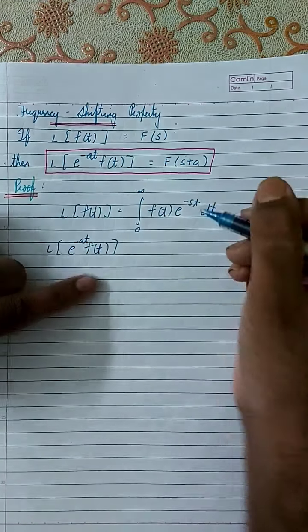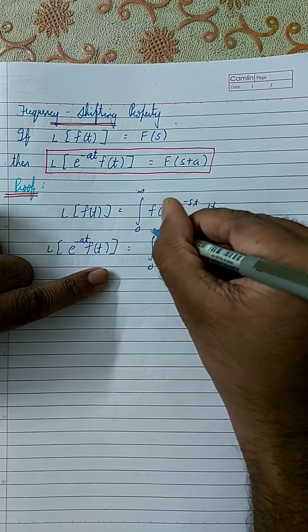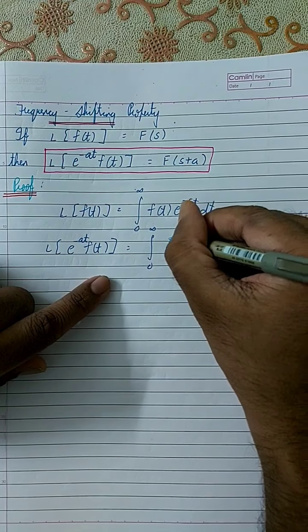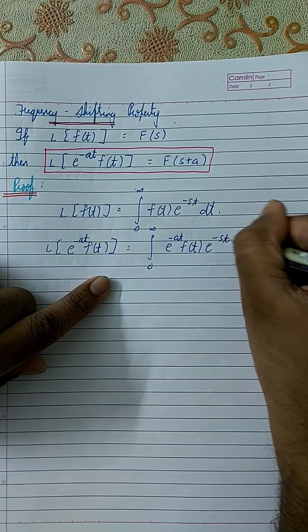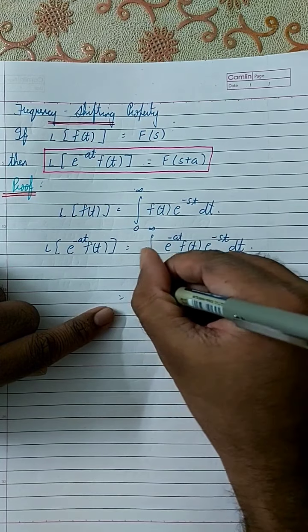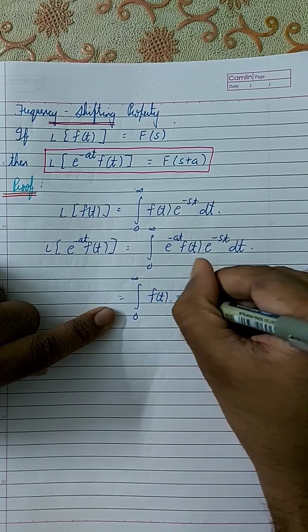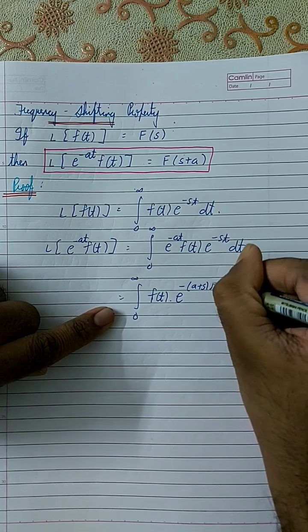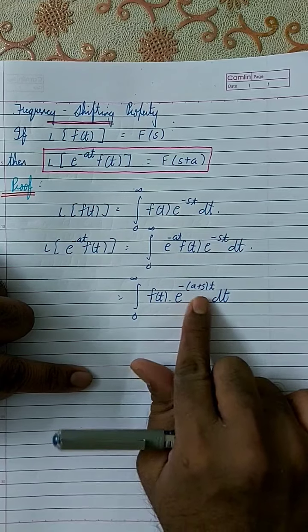This is nothing but the integral from 0 to infinity, replacing f of t with e raised to minus at f of t, so it becomes e raised to minus at f of t into e raised to minus st dt. I can combine these two exponential functions, so this becomes the integral from 0 to infinity of f of t into e raised to minus (a plus s) t dt. Which means this equation is a function of a plus s.